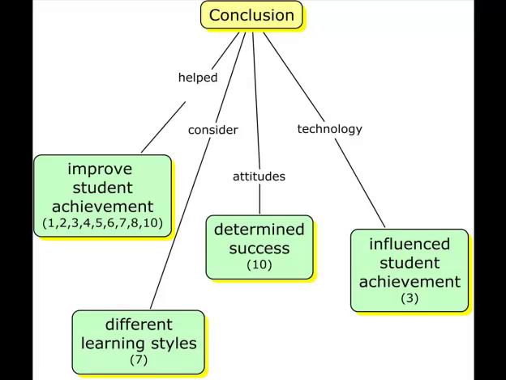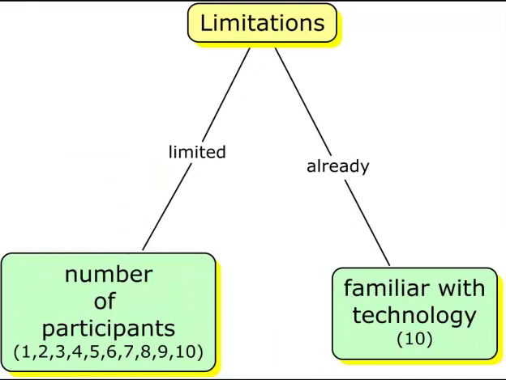The limitations that were pointed out within the studies were the fact that these studies all had a low number of participants. The results that were obtained within the studies may have been different if the number of participants were larger.